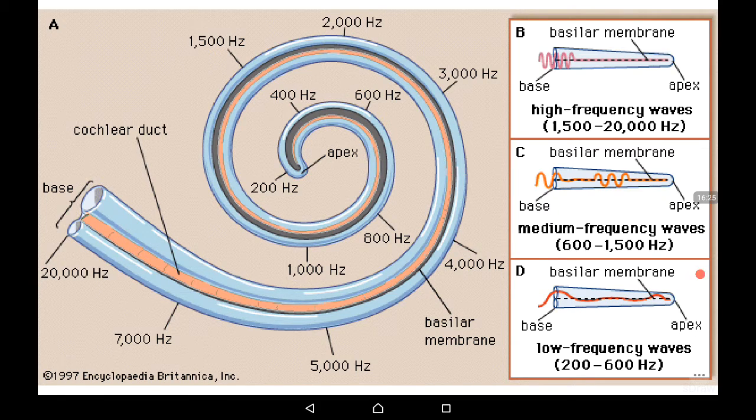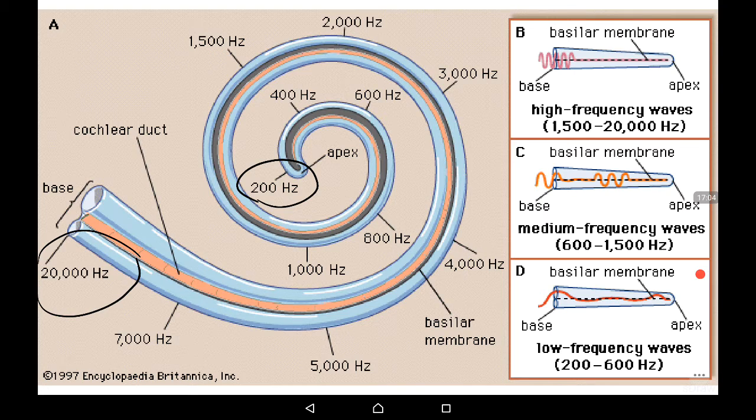It is shown here that at the base of the cochlea we have the hair cells that are stimulated by high frequencies, like 20,000 hertz, high sounds, and low sounds, bass, low sounds like 200 hertz or even less.